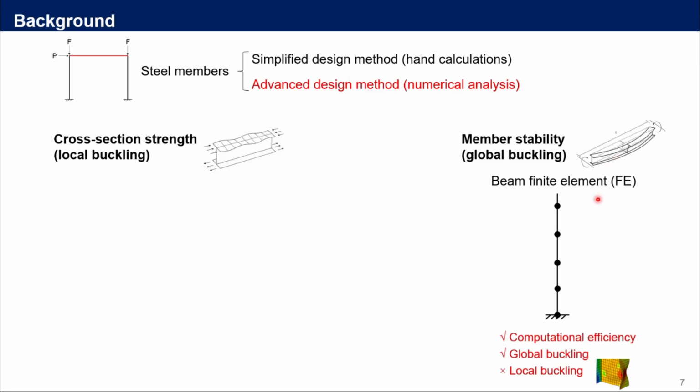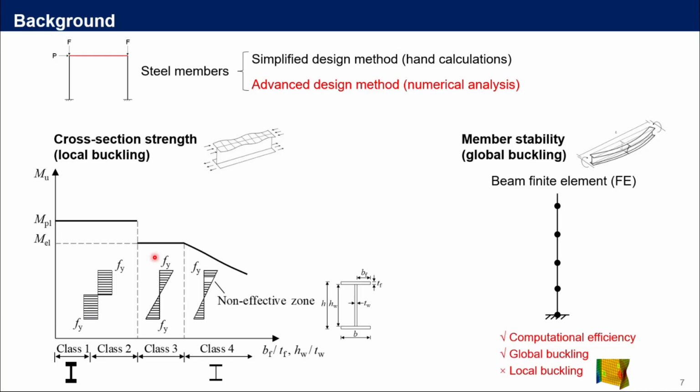But beam FE models cannot represent the cross-sectional local buckling behavior. So a very natural question is, can we just combine the beam finite element analysis and the traditional cross-section classification concept? However, when we look more closely at the cross-section classification concept, we find some limitations.